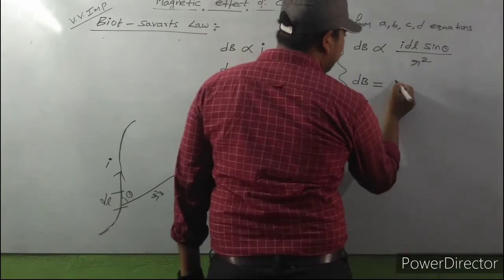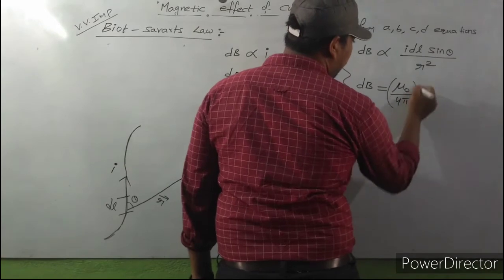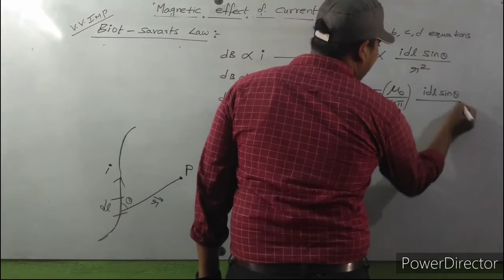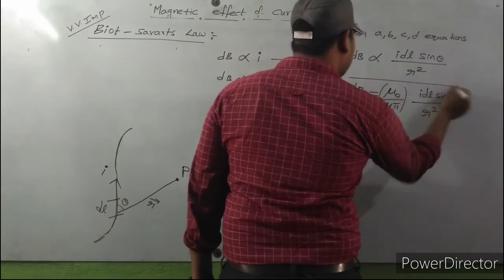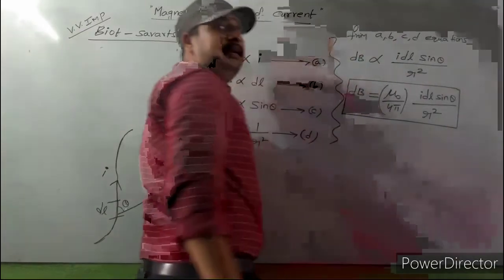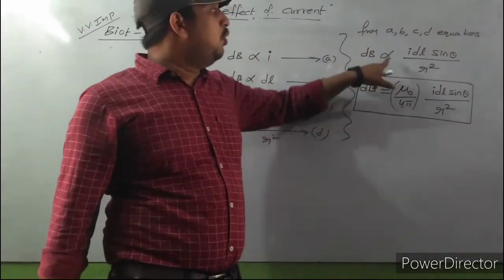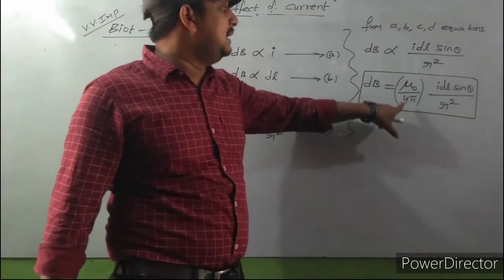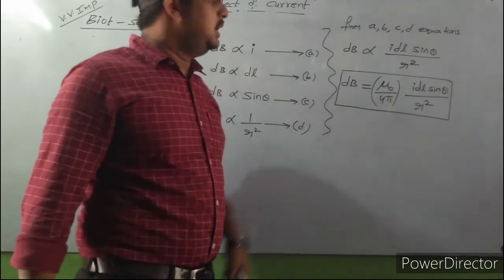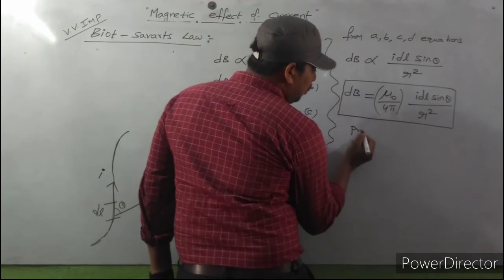Let us consider that constant is mu naught by 4 pi. So dB is equal to mu naught by 4 pi into I dl sin theta by r square.